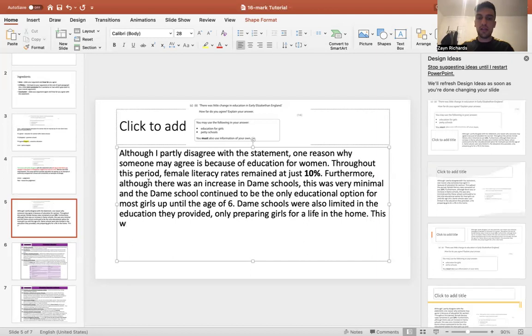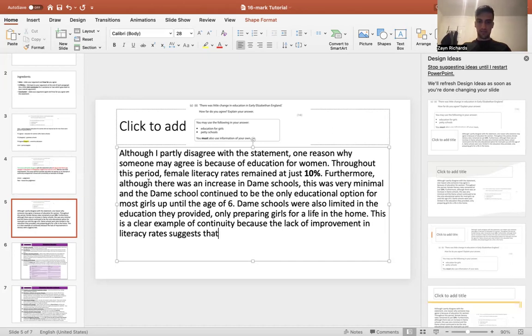So we're going to say this is a clear example of continuity, because the lack of improvement in literacy rates suggests, or proves, that females did not experience academic improvements. Now, education is not just about academics, so we need to deal with that other part.